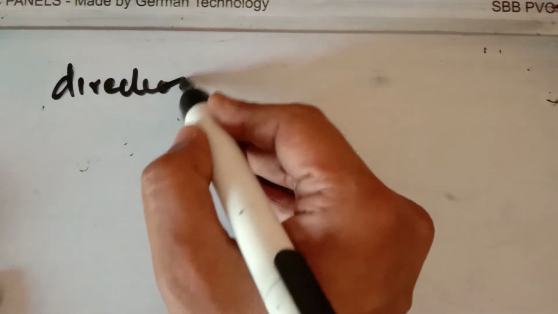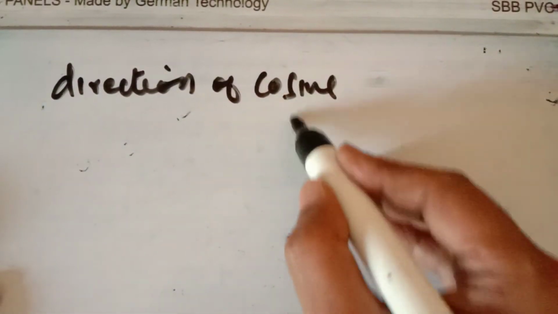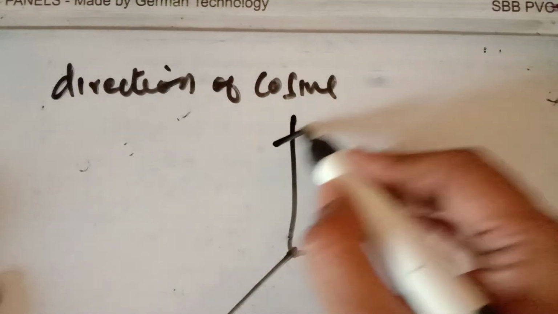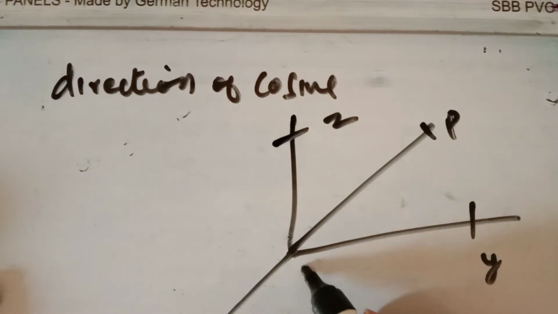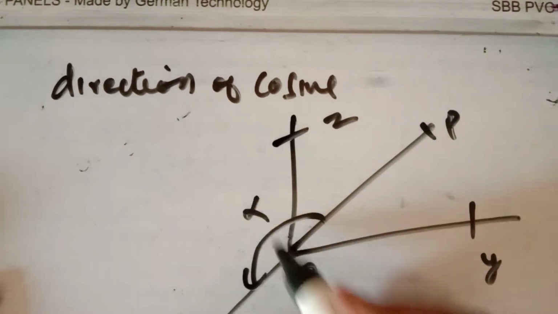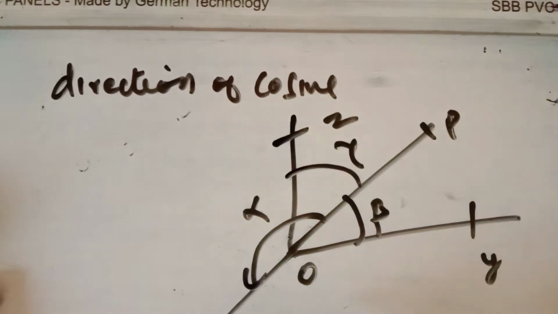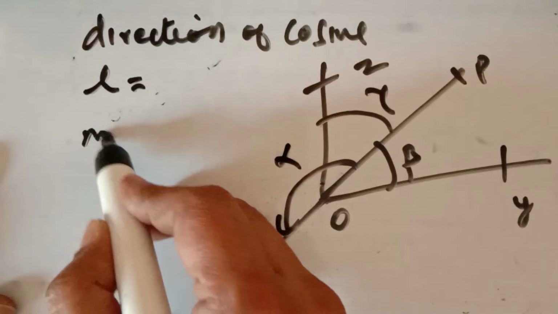You have done direction cosines in vectors also. Direction cosines are the cosines of the angles made by a vector with the x-axis, y-axis and z-axis. Suppose OP is the vector, making an angle of alpha with the x-axis, beta with the y-axis, and gamma with the z-axis. These are denoted by l, m and n.